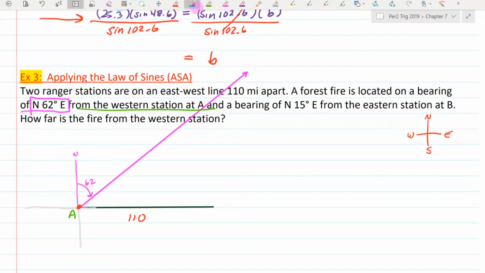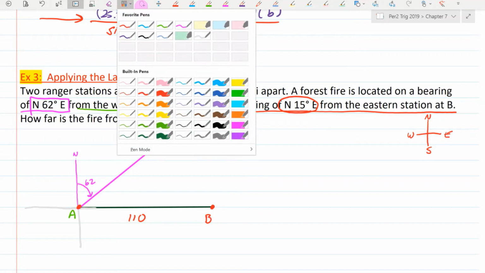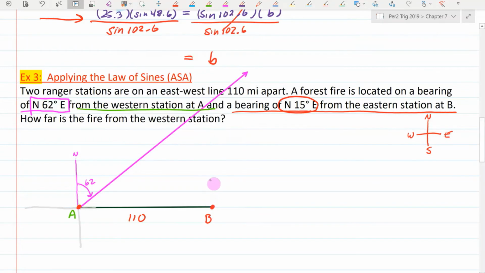The next one, it says a bearing of north 15 east from the Eastern Station B. So this is B. Let me just go ahead and use this. And it's north, and then 15 degrees east. It's still east.